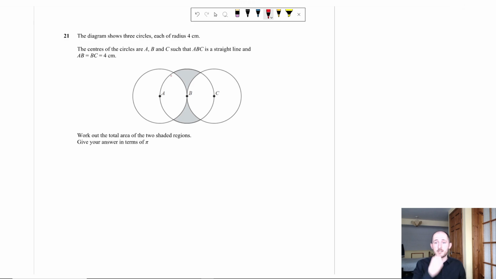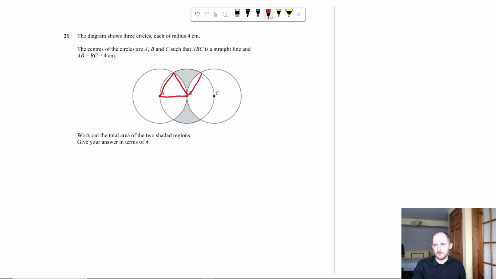What you're going to do is create a bunch of equilateral triangles. So let's do that. And what I mean by that is, if I draw a line from A to this point here, that's the radius, right? Line from here to here, that's the radius, right? Line from here to here, that's the radius, right?